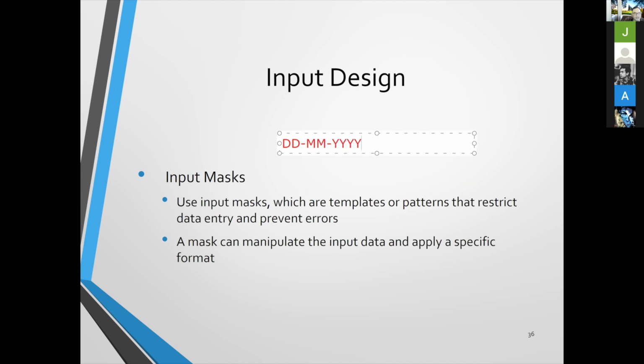You know that, okay, this is the format that users have to put: dd-mm-yyyy. It might be in gray color first. When the users have to enter, they can enter just this. For example, if they enter 10, the dash symbol is not deleted, it shows like this.